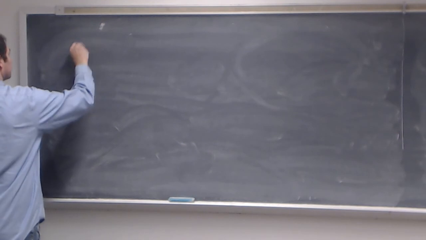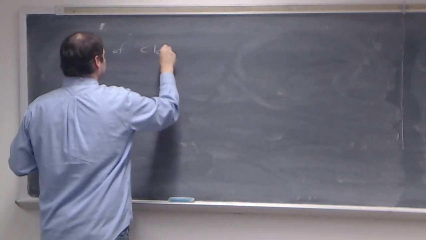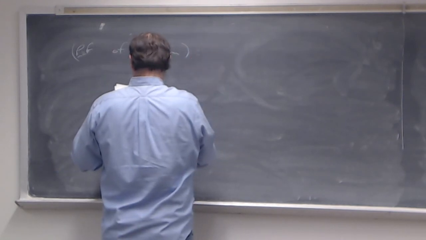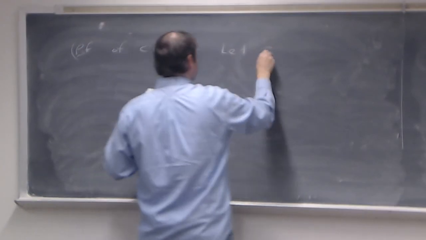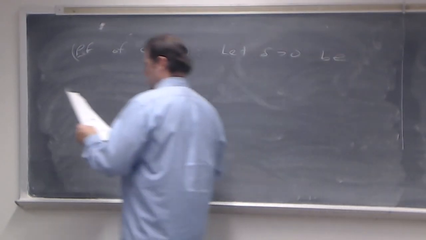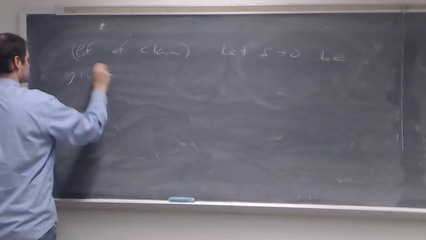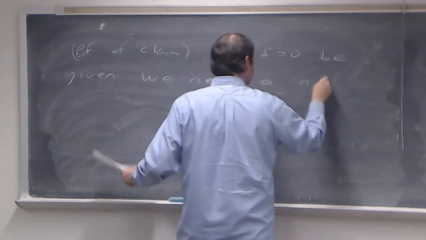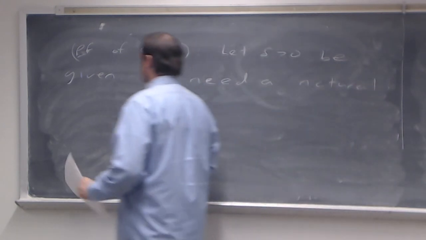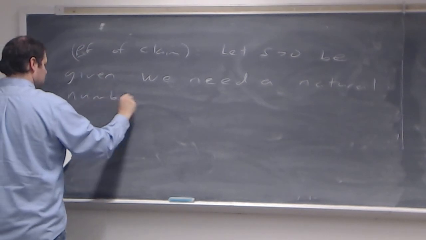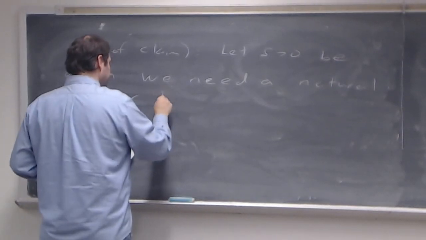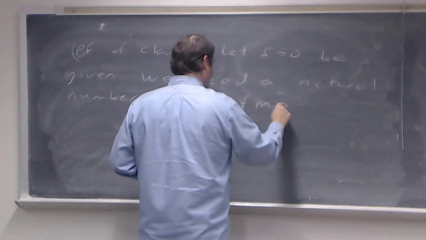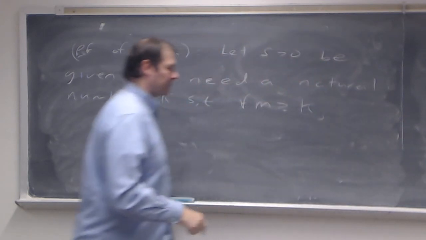So here we're working on the proof of claim. So here's what we got. We're going to let delta be greater than 0 be given. We need a natural number, designated as K, such that for all m bigger than or equal to K, we're talking about a limit here.